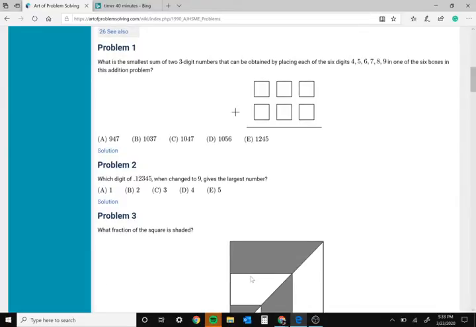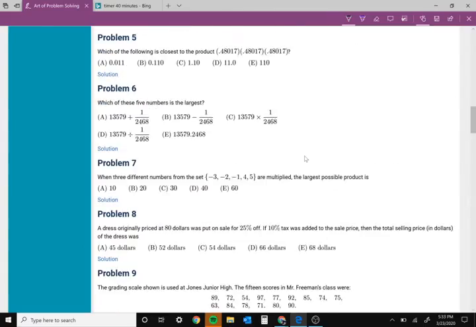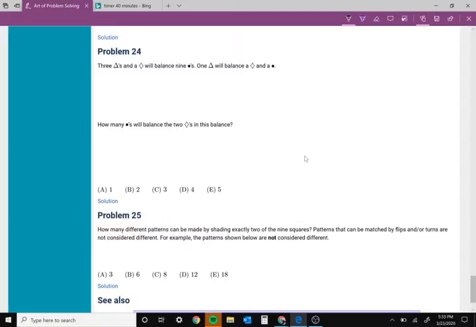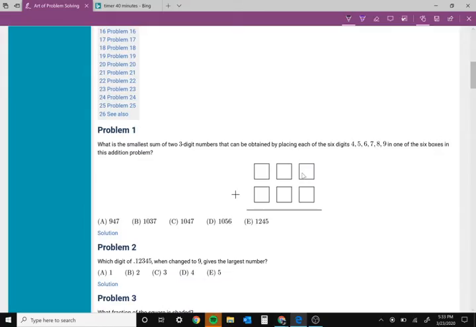3, 2, 1, go. Let's go to OneNote. Can I scroll? Yes. Okay, that's fine, I'll just remember my answers. What is the smallest sum of two 3-digit numbers that can be attained? If we want the smallest sum, then we want the smallest numbers in the hundreds digit, then the second smallest numbers in the tens digit, and so forth.